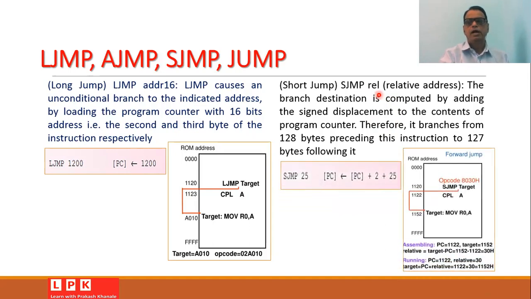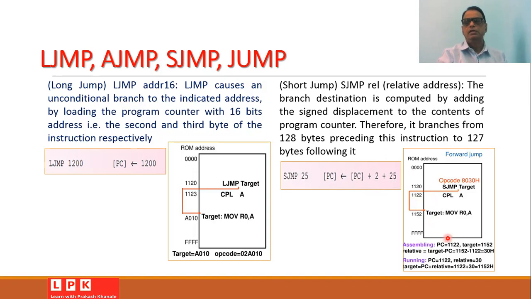For example, when we write an instruction such as SJMP 25, this address along with the relative address is computed and transferred to the program counter. Say, in an assembly language program, we use SJMP followed by the label target, and suppose target is the label of the instruction MOV R0, A, where the address of the instruction is 1152, and suppose the content of the program counter initially is 1122.